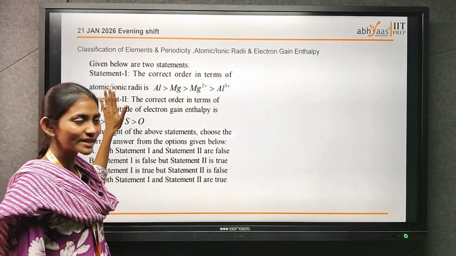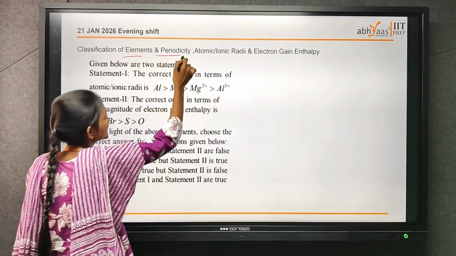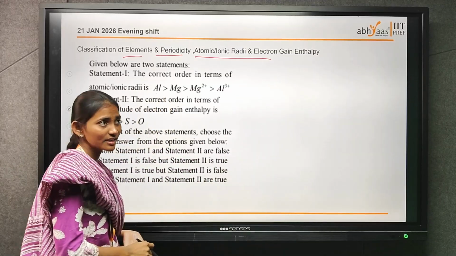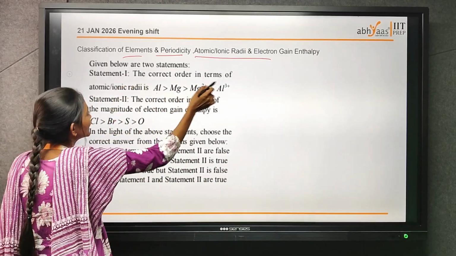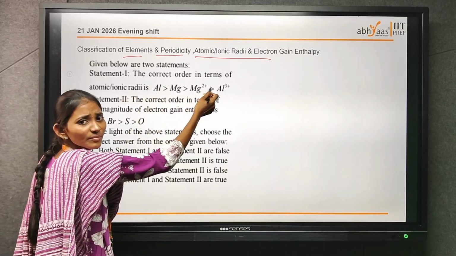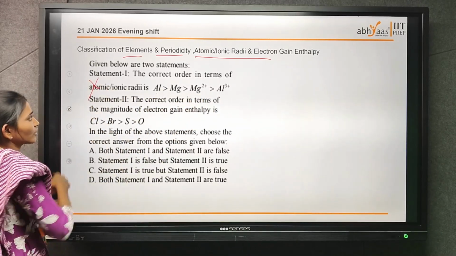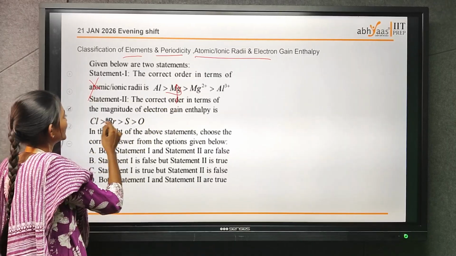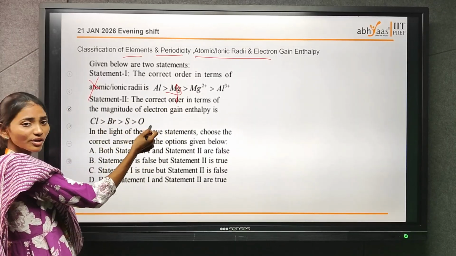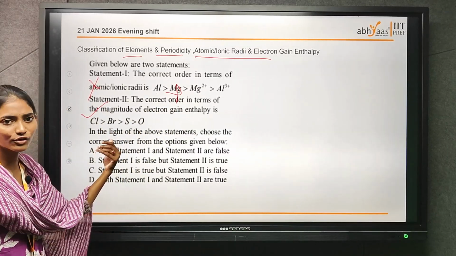So coming to this question, classification of elements and periodicity, the trends, they are asking about atomic radius and electron gain enthalpy. The correct order in terms of ionic radius, aluminium, magnesium and this. So this option will be wrong right here. And the correct order in terms of negative electron gain enthalpy, chlorine will be more. Yes, it will be the correct option. Why?